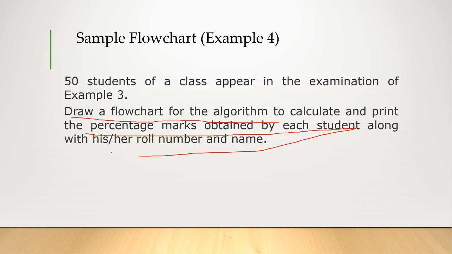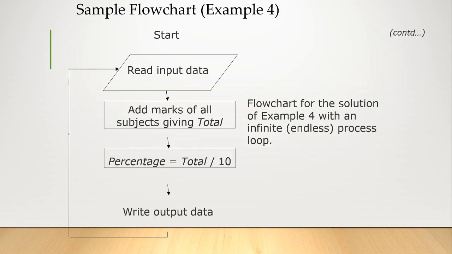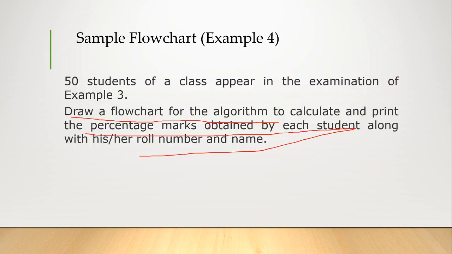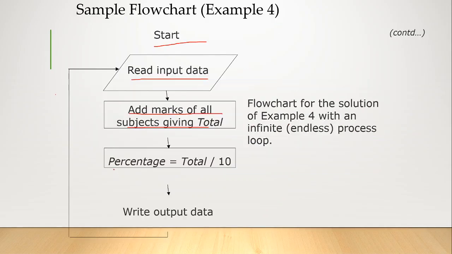To start with this, we start the algorithm, we read the input data, and then add all the marks as in example 3, and then we find the percentage and write the output data as in example 3. But after this there is a loop to the read input data.